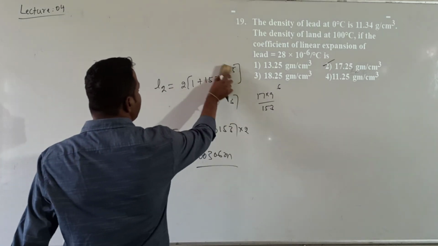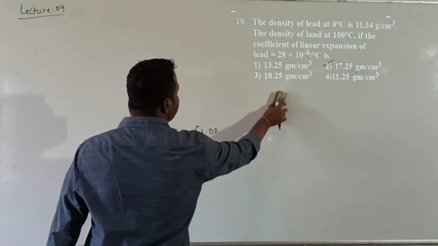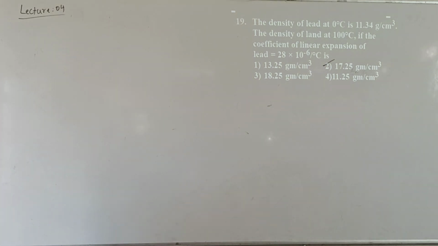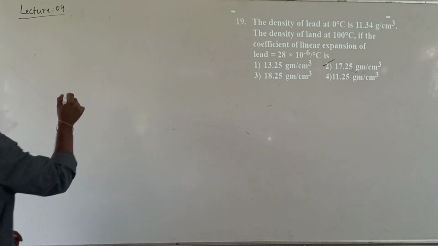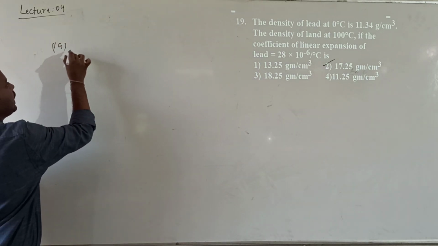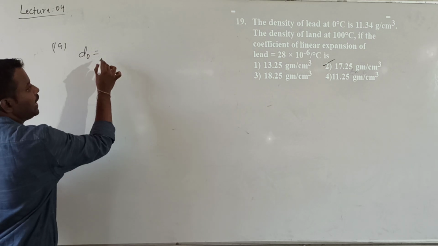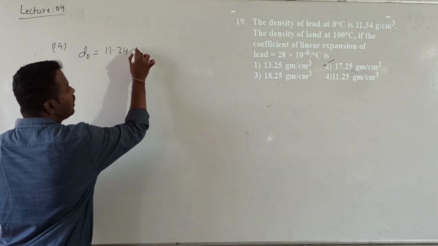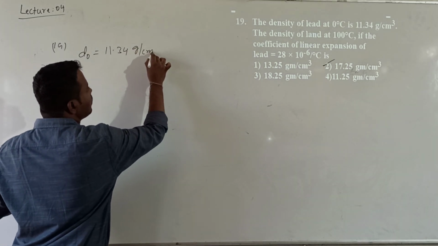What is question number 19? This is a question based on density. The density of lead at 0 degrees Celsius, which I can call D naught, is 11.34 gram per cubic centimeter.